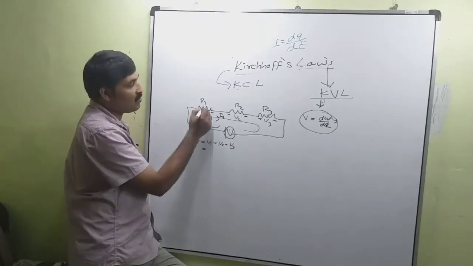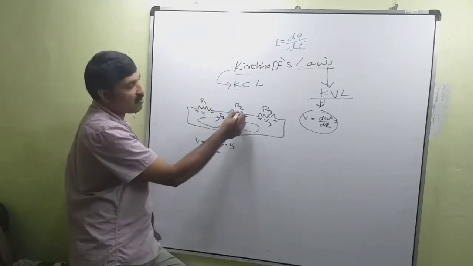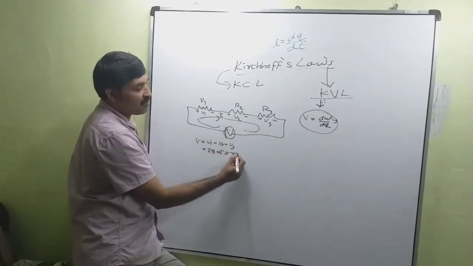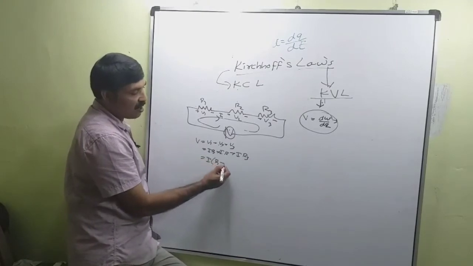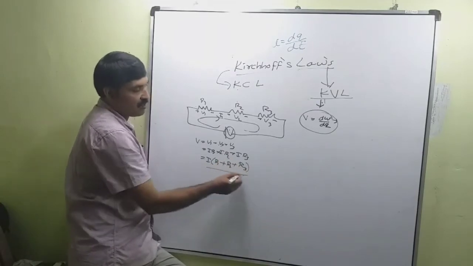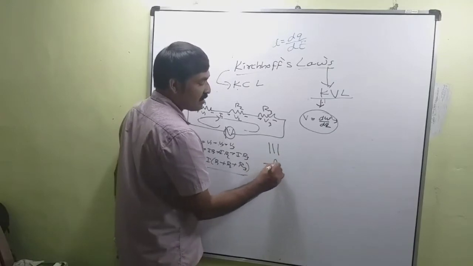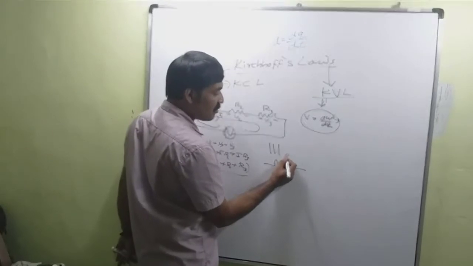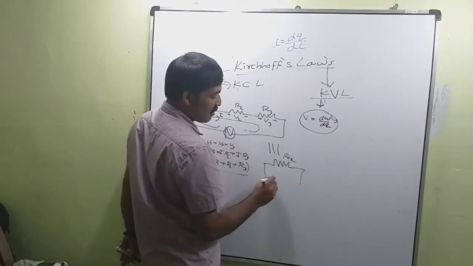This is equal to V1 equals I into R1, plus V2 equals I into R2, plus V3 equals I into R3. So this is equal to I into (R1 plus R2 plus R3). Now we can represent the circuit by an equivalent circuit having a resistance equal to the equivalent of these three, denoted by R equivalent, and again the voltage source is applied.